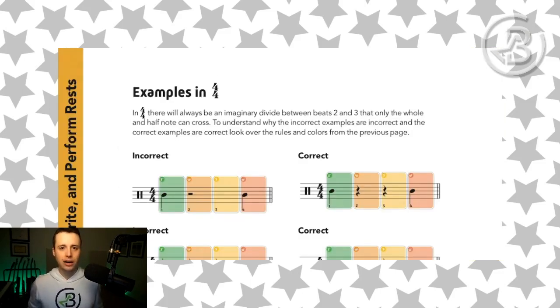It's like an imaginary barrier that nothing can pass except for 3 things: a whole rest, a whole note, and a half note. The 3 things that can cross this barrier are a whole note, a whole rest, and a half note. So let's see some examples of this in application.